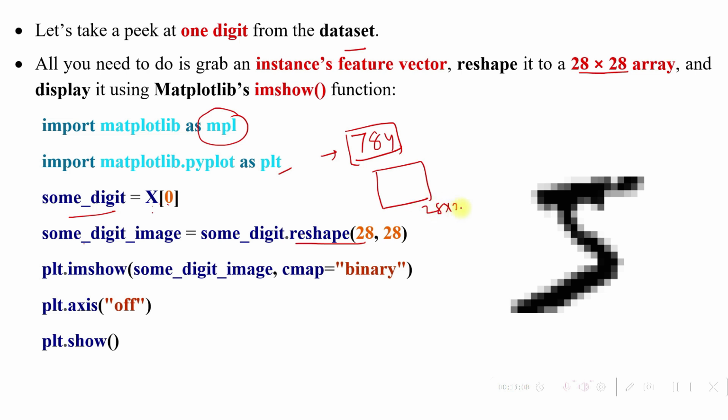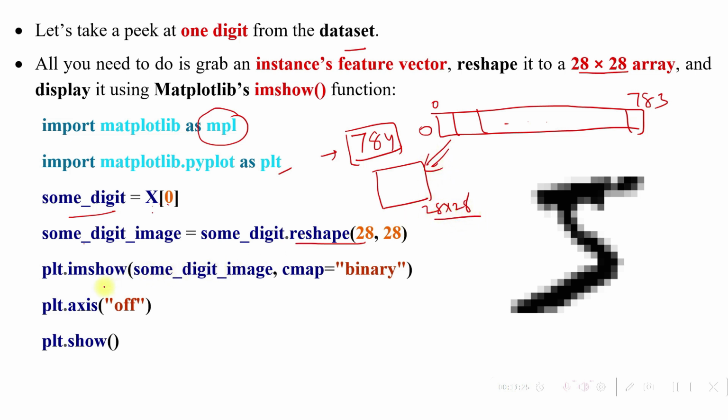All the features of the 0th instance, from 0 to 783, are converted into 28 by 28 features. Now by using plt.imshow, we display that image.